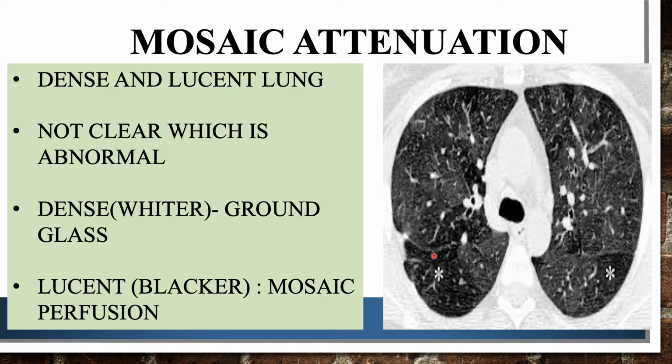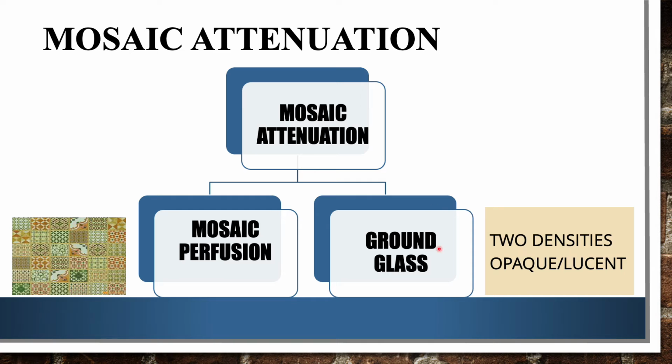So it could be mosaic perfusion causing more blackness, and the rest that we see is just the normal lung, or it could be the ground glass which is abnormal and the rest black that we see is the normal perfused lung. So, to simplify, mosaic attenuation is a patchwork, and amongst mosaic attenuation you'll see two densities, and they could be because of mosaic perfusion or in the form of ground glassing.